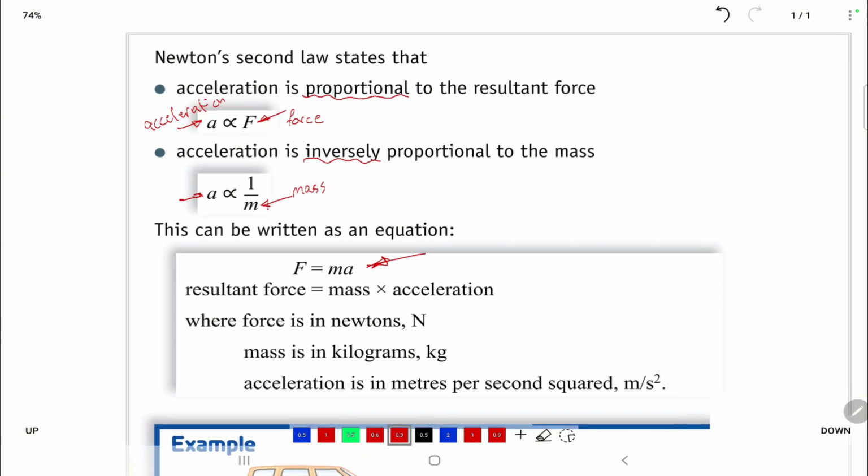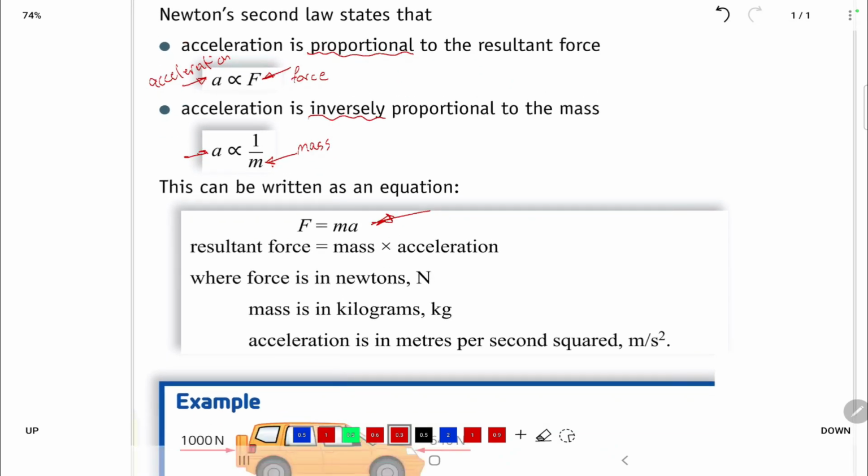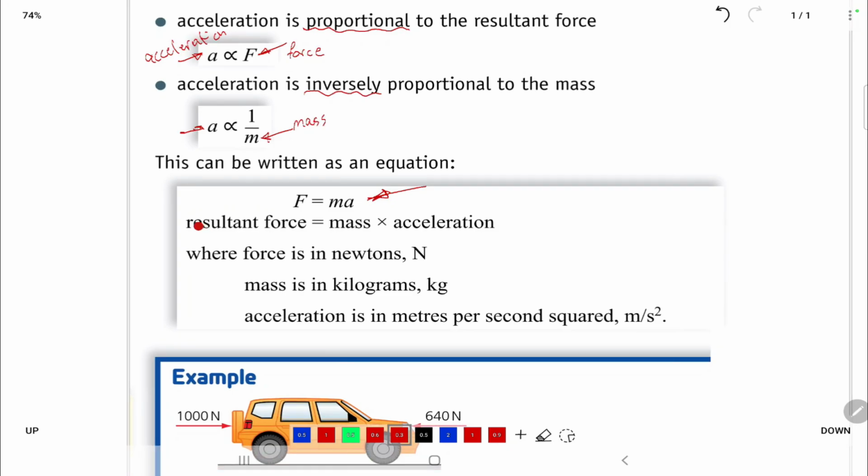So this one is Newton's second law, which states that the force exerted on a mass m will produce an acceleration a. So F equals ma. F is the force, m is the mass, and a is the acceleration. You see, resultant force equals mass multiplied by the acceleration, where these are the units.